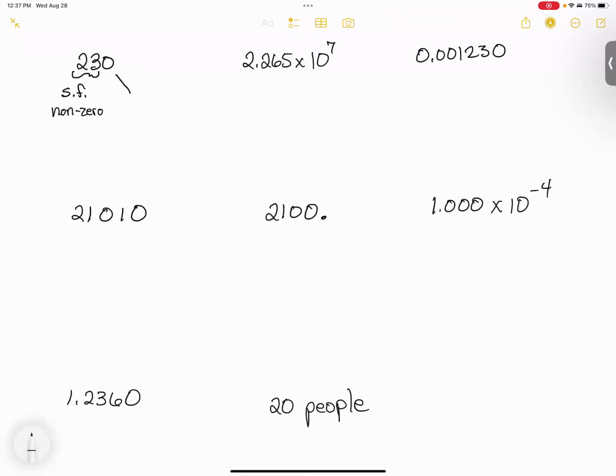But this one is not significant because there's no decimal point for the whole number. So the answer to this first one is that there were 2 significant digits.